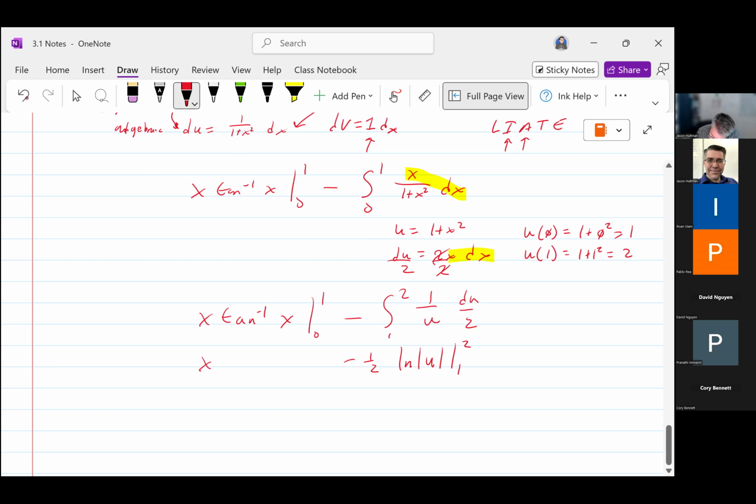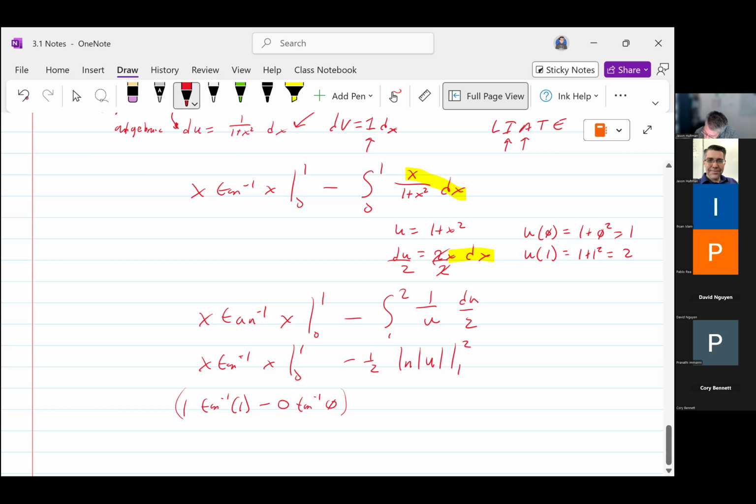Well, this is going to be x inverse tangent of x from 0 to 1 minus 1/2 times the natural log of 1 to 2. Okay, nice, great. Now let's plug in these limits of integration. I'm going to go, okay, 1 times the inverse tangent of 1 minus 0 times the inverse tangent of 0.